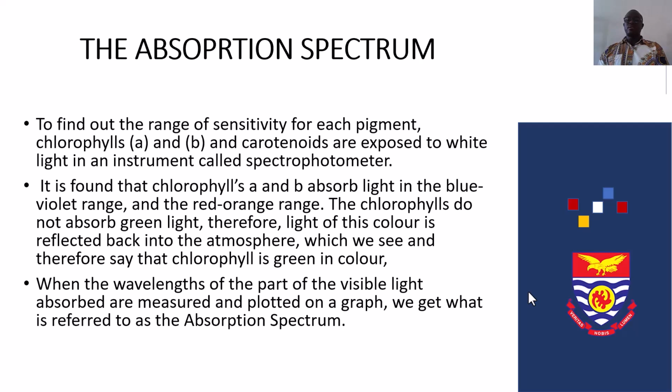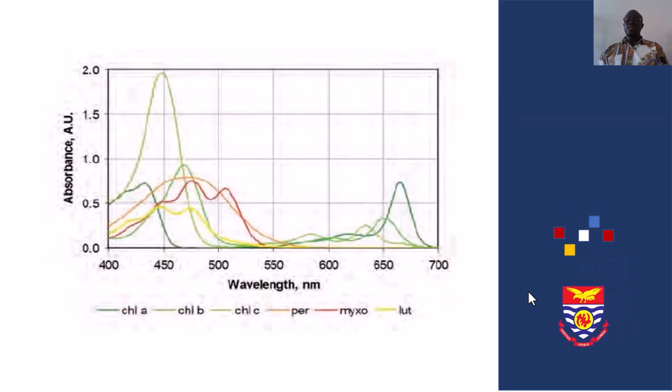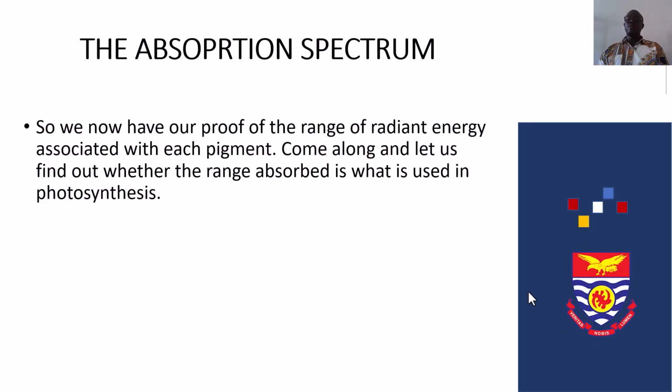When the wavelengths of the part of the visible light absorbed are measured and plotted on a graph, we get what is referred to as the absorption spectrum. So this is the absorption spectrum as displayed in this graph: absorption by the wavelength. So we now have our proof of the range of radiant energy associated with each pigment.